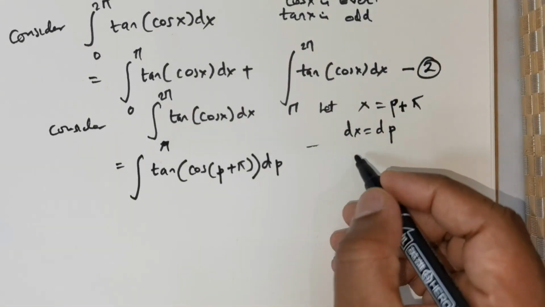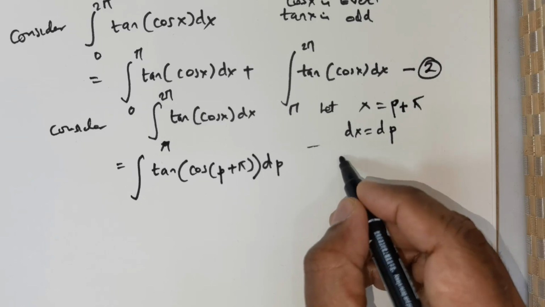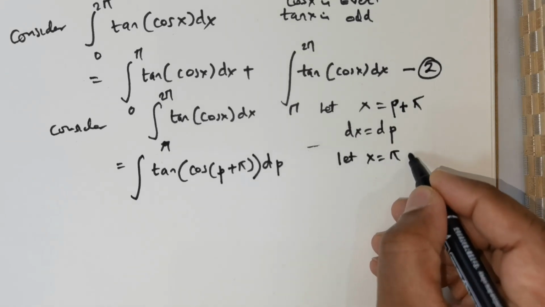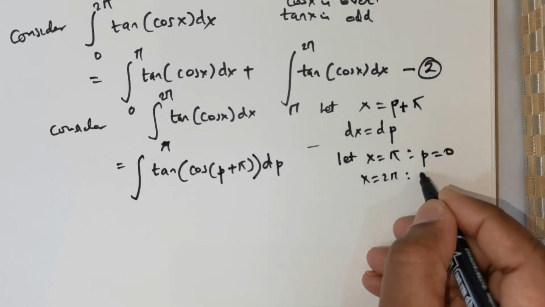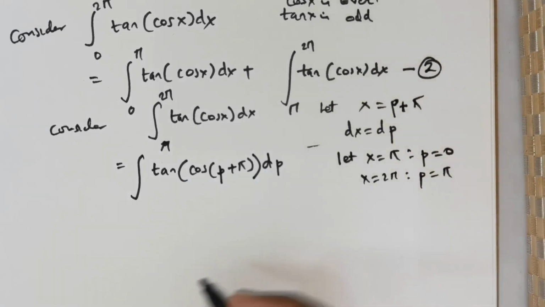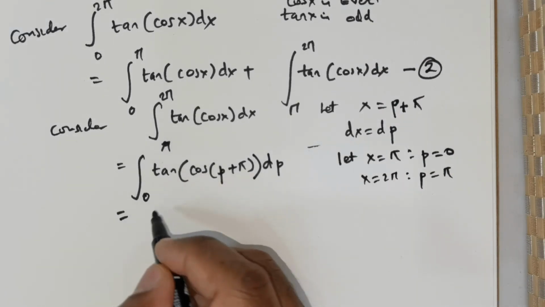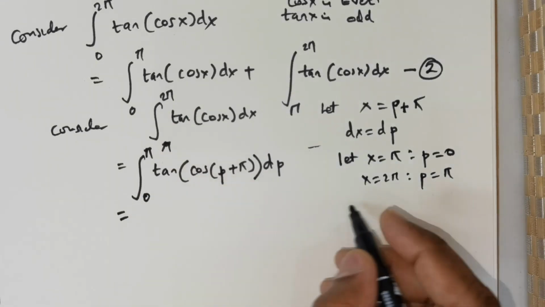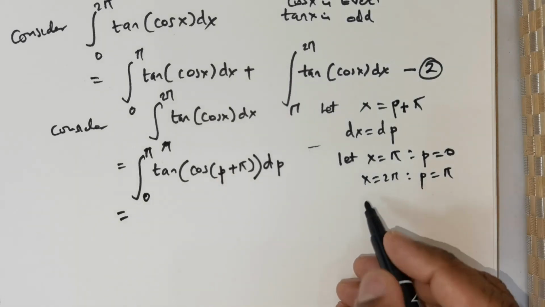Now if we let x be equal to pi, then p will be equal to 0, and if x is equal to 2 pi, then p will be equal to pi. So the limits go from 0 to pi. Now what is cos of p plus pi?